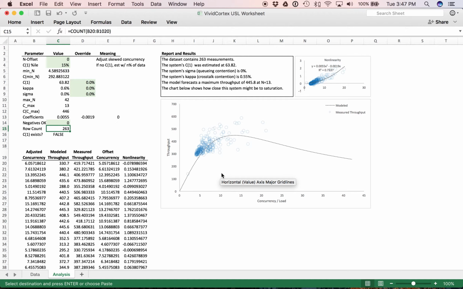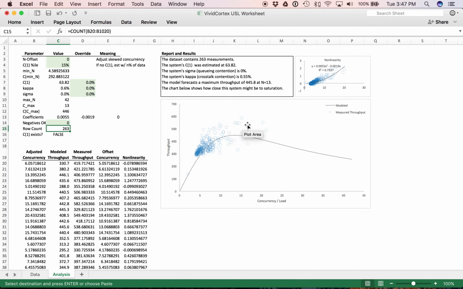So let's look at this system. If you ignore the dotted line extending out to the right here, and you just look at where this hairball of blue dots is on the screen, look at the general shape of this. As this system scales, if the bulk of the measurements are around in this area, if it scaled linearly, then as we loaded it up to a concurrency of 10 things at a time and 15 things at a time, the throughput would really be up in this area.